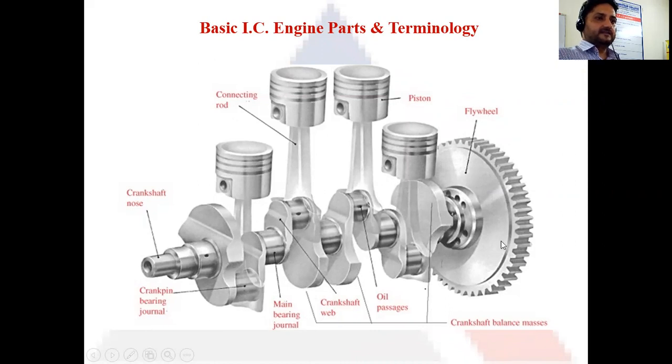Now this flywheel is provided because what it does is it absorbs energy during the power stroke, and it gives out energy during the 3 idle strokes. So there are 3 idle strokes in a 4-stroke cycle. That is your suction, compression and the exhaust. So energy is required for the pistons to move up and down during these idle strokes, where the energy is not being developed. So this energy comes from the flywheel.